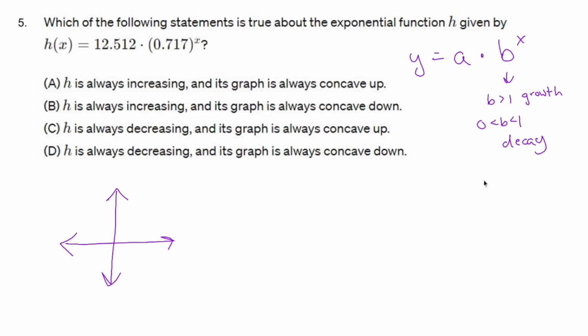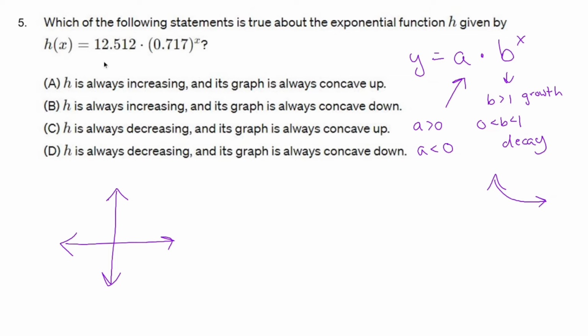Now, normal decay is graphed like this. Your numbers get smaller and then it levels out at the x-axis. If we have decay, what does A do? Well, if A is positive, it keeps it looking like that. If A is negative, it flips things, or better yet, reflects things over the x-axis.